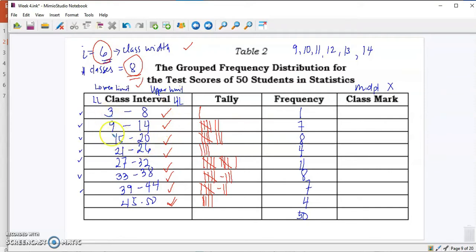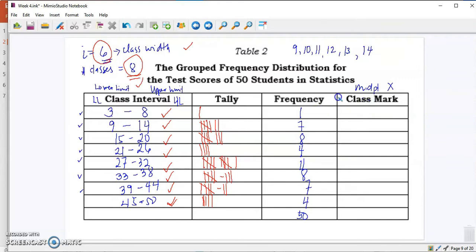Therefore, the lower limits are 3, 9, 15, 21, 27, 33, 39, and 45. And the upper limits are 8, 14, 20, 26, 32, 38, 44, and 50. Now, why is this important? Because when we identify the class mark, we simply get the average of the two numbers.